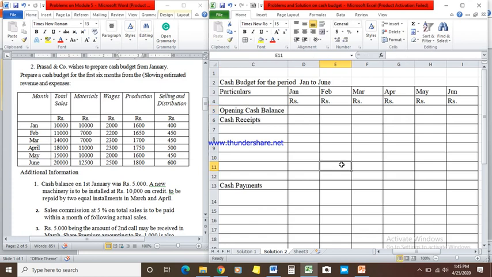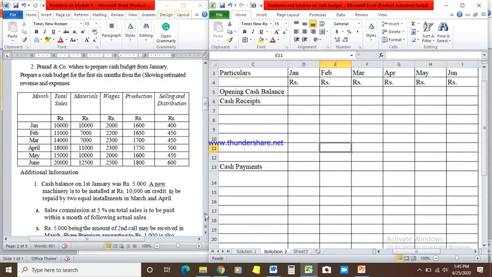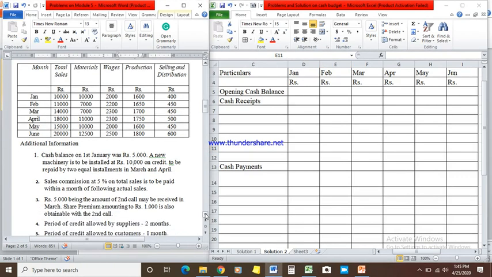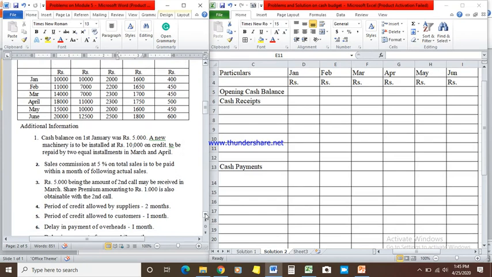Again, before we go for preparing this cash budget, we need to understand, is there any working note to be done? And in this problem, there are quite a lot of working notes. One working note is basically on payment to the suppliers. One more is on sales, computation of cash sales and credit sales, and collection from credit sales.